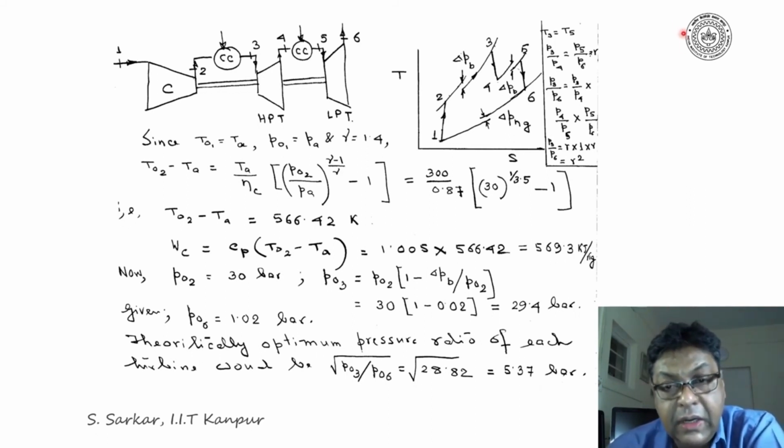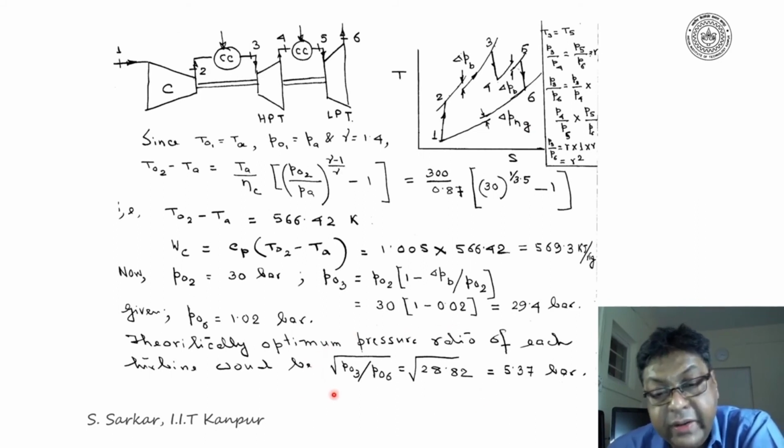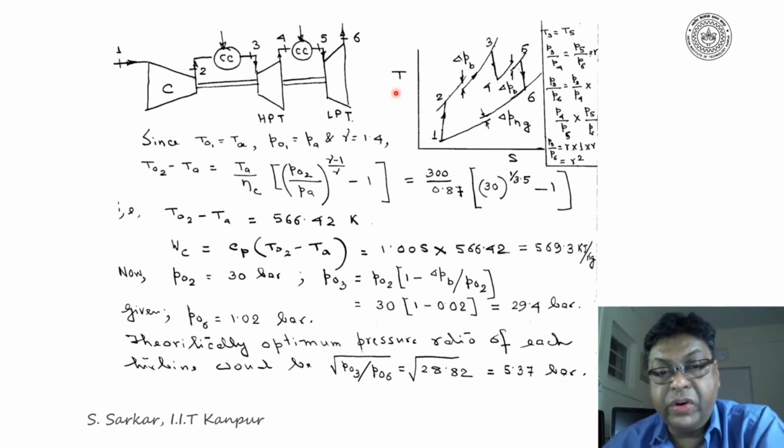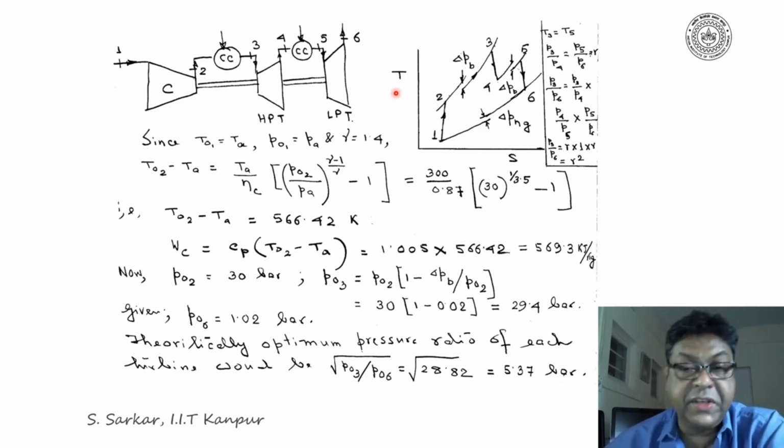Now I'll show you how I have arrived at this conclusion that the optimum pressure ratio for each turbine can be evaluated by root over P03 by P06. With respect to that, I have referred back to the TS diagram. I have already told that for optimal condition, pressure ratio for each turbine would be the same.